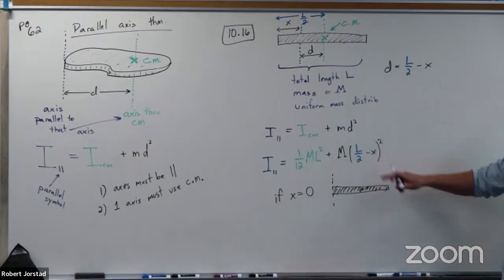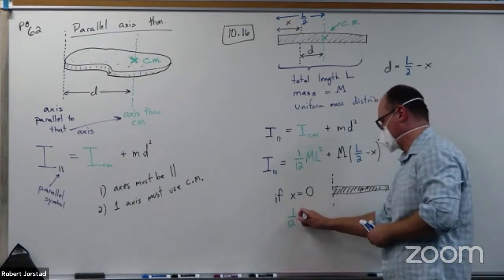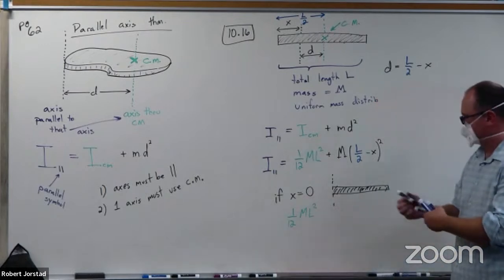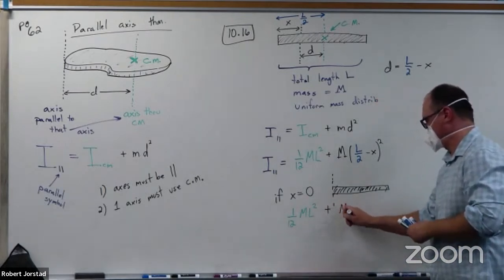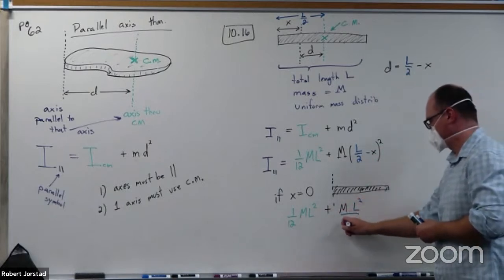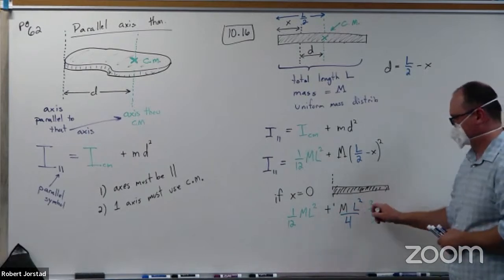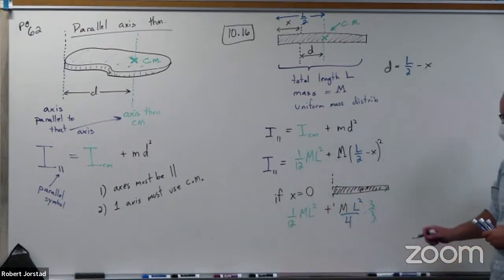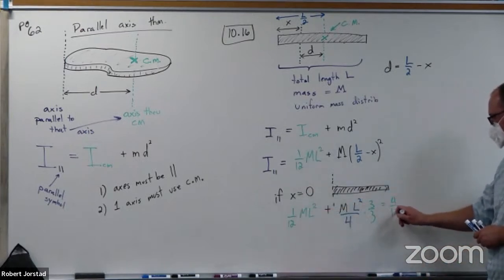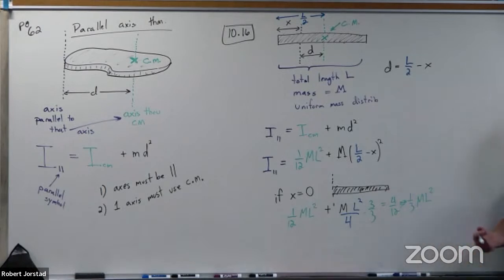If x equals 0, what do you get? 1/3, because you get 1/12 ml squared plus m times L over 2 squared, which is L squared over 4. Common denominator: 3/12 plus 1/12, 4/12, equals 1/3. Got it? So having ways to check your work is good. All right, enough on that.